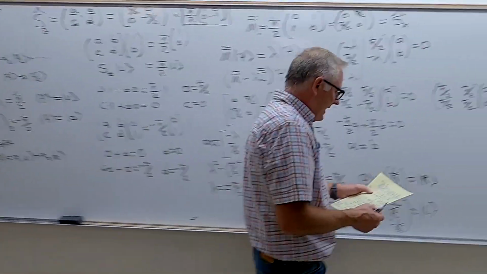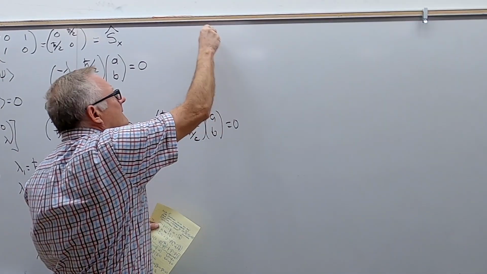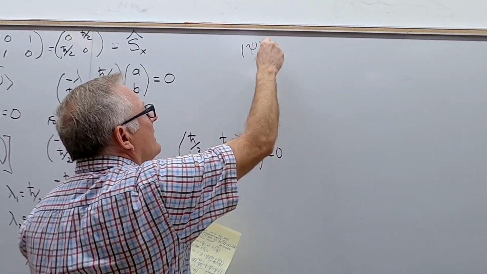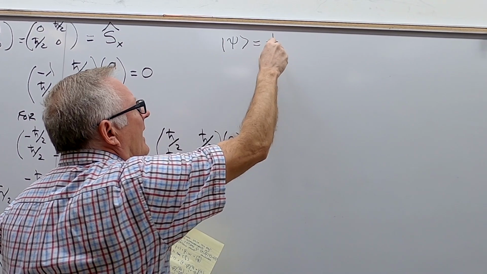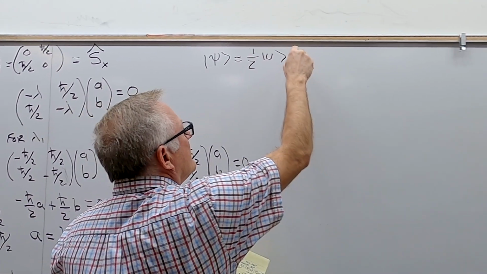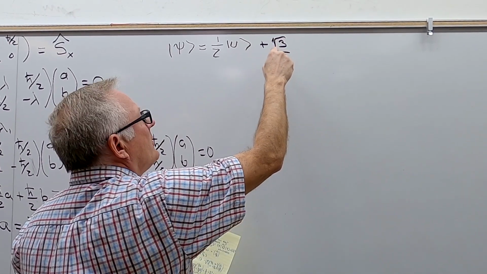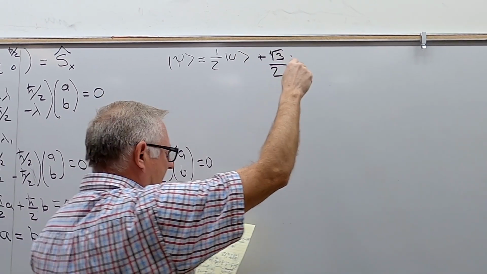So let's just say we have some state. Someone gave me a state that was, let's say, 1/2 up plus the square root of 3 all over 2i in the down.